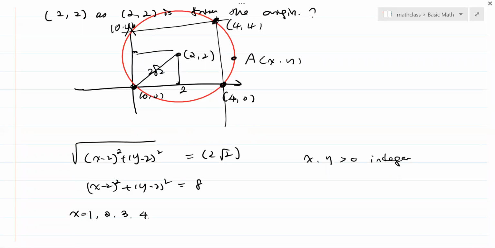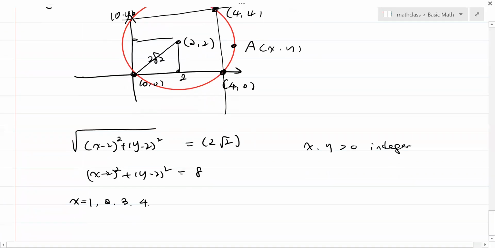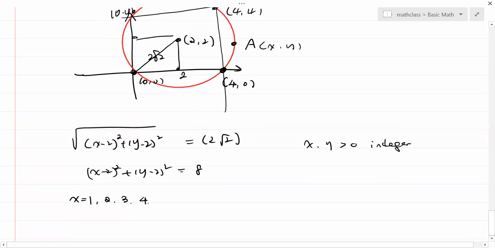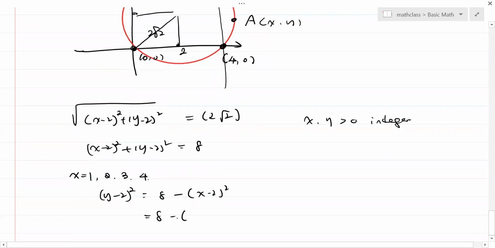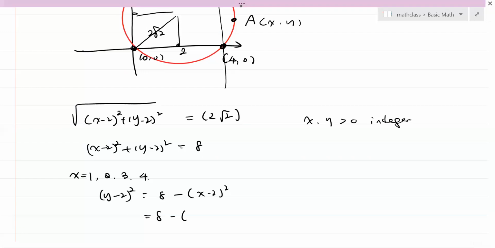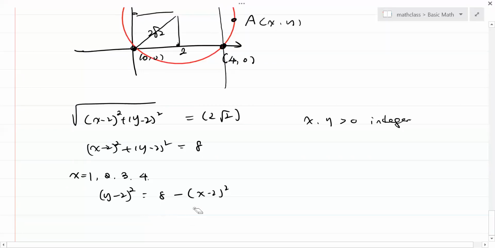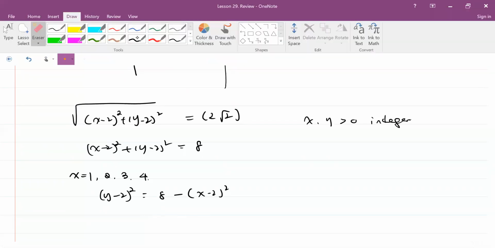Then you get the y variable. So let's see, y minus 2 squared equals 8 minus x minus 2 squared. Let's calculate the possible values for y. You get integers, maybe not.